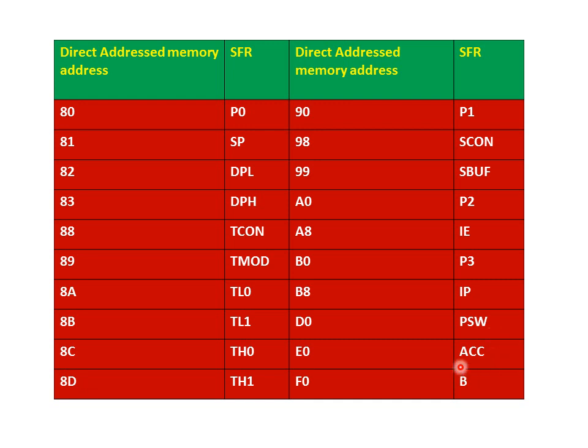If I want to access the accumulator register, E0 is the address given in hexa form, and B register F0, processor status word D0, interrupt priority register B8, port 3 B0, interrupt enable A8, port 2 A0, serial data transmission register 99, serial controlling register 98, and port 1 90.